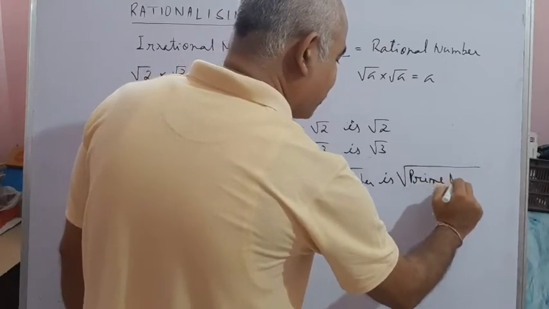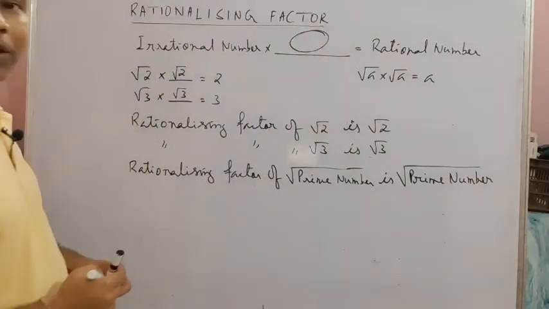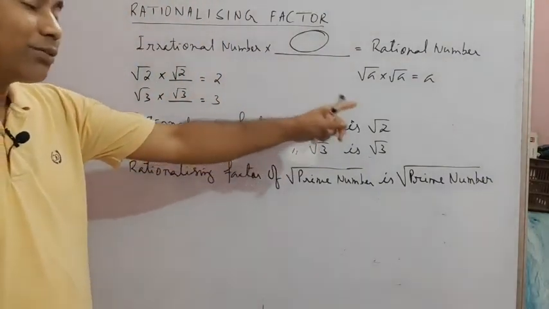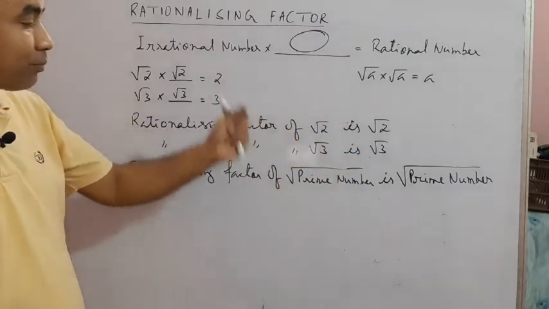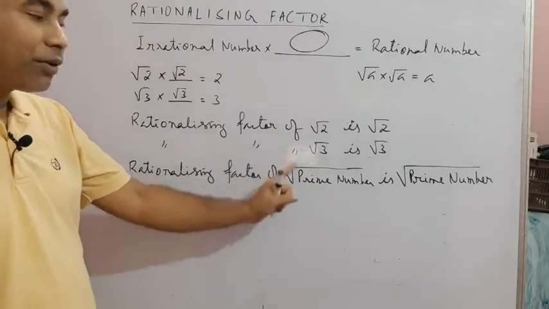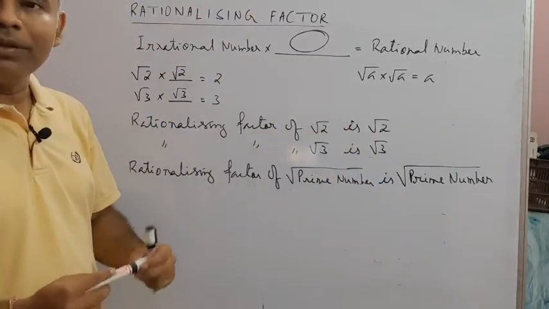The rationalizing factor of the square root of 2 is the square root of 2, since 2 is a prime number. For the square root of 3 it is the square root of 3. So the rationalizing factor of the square root of any prime number is the square root of the same prime number.